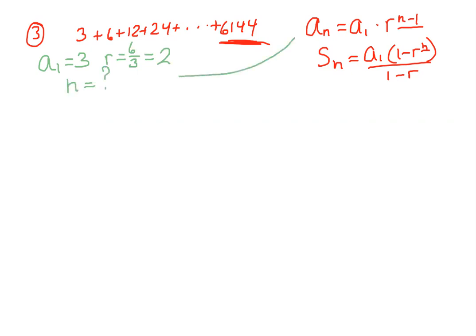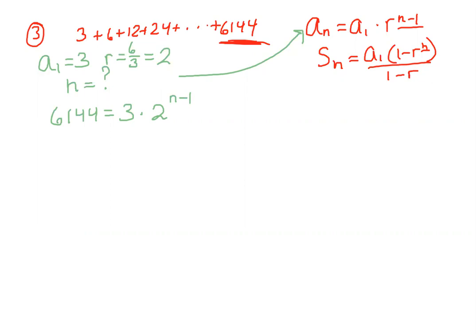So we're going to have to use this equation right here to find n. We're going to say the last term equals the first term times r to the n minus 1. And we're going to solve for n, and that's going to tell us what term that is.